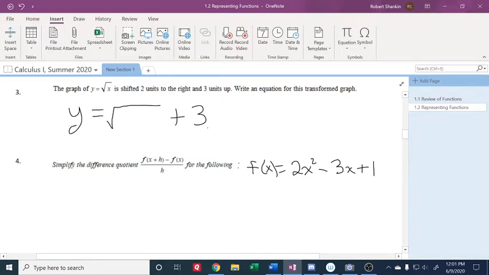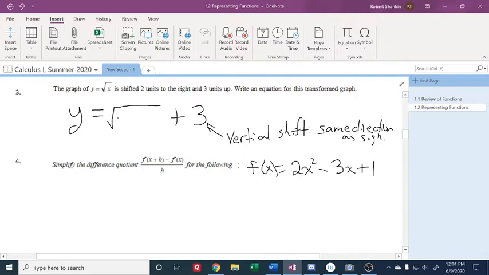Now this right here, we call this a vertical shift. And vertical shifts are the same direction as the sign. So plus sign means you go up in the vertical direction. But horizontal shifts, when you replace the x with something else, go in the opposite direction of the sign.